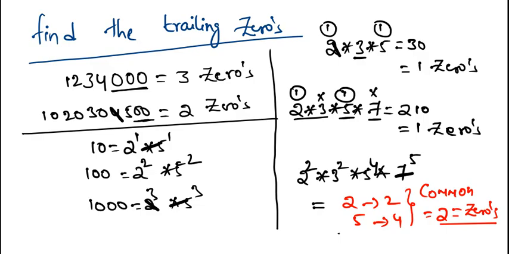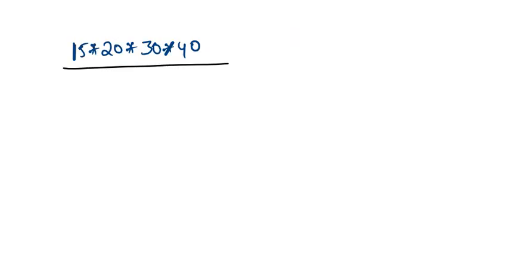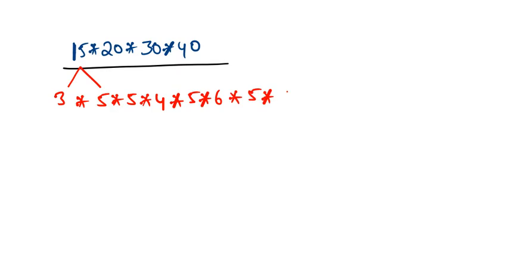Okay. Next. 15 into 20 into 30 into 40. We need to write the multiplication in the form of prime factorization. 15 can be written as 3 into 5. 20 can be written as 5 into 4. 30 can be written as 5 into 6. 40 can be written as 5 into 8.